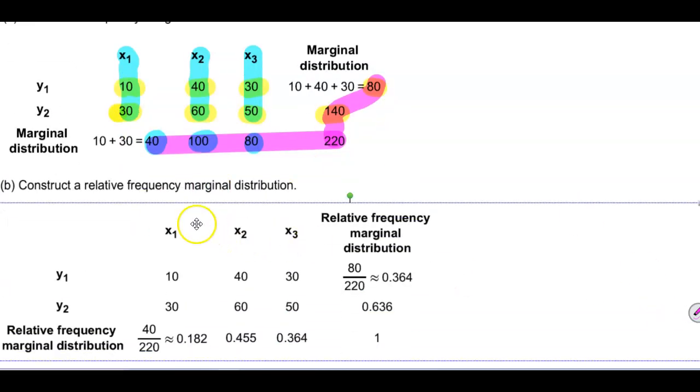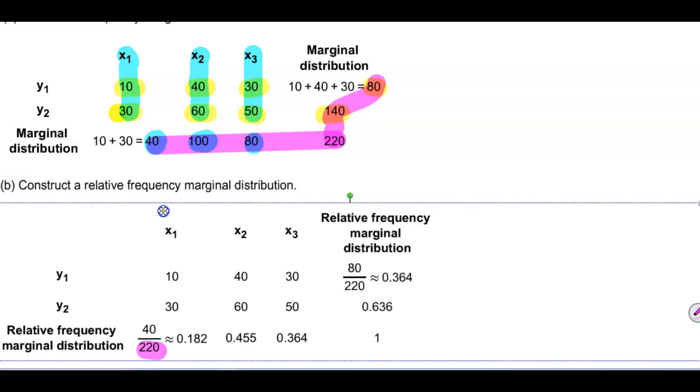Now, for part B, they want us to construct a relative frequency marginal distribution. The relative frequency marginal distribution for the column variable is found by dividing the column total for each column by the table total. Our table total was 220.